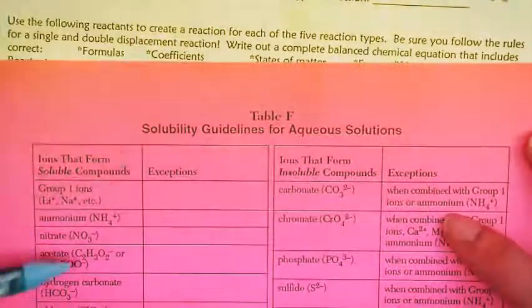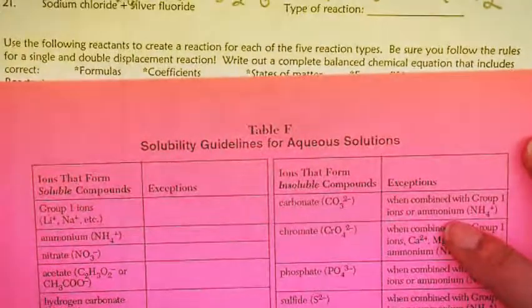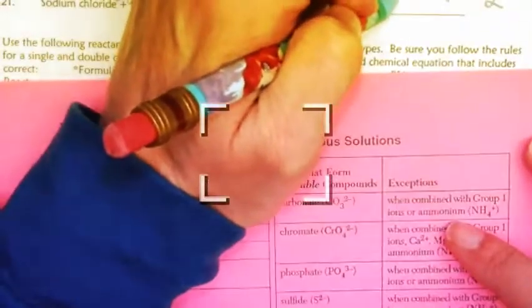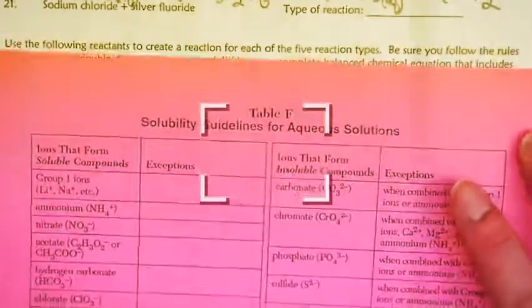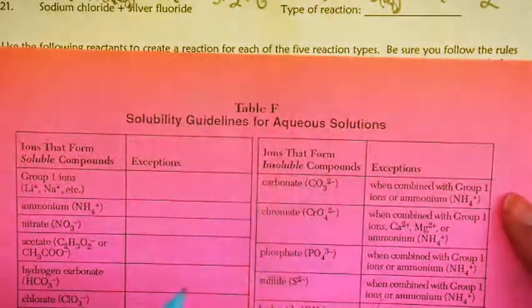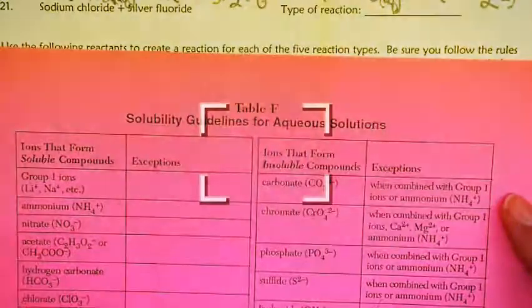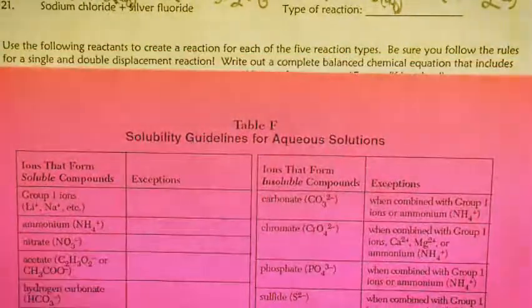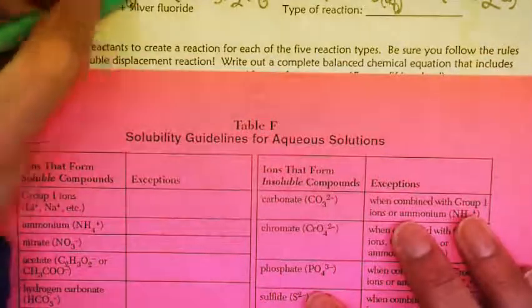And so we know chlorates, we just looked at this sheet right here, and chlorate will be aqueous. And then if we look at hydroxide, hydroxide is insoluble, so that will be your solid. So this reaction works.